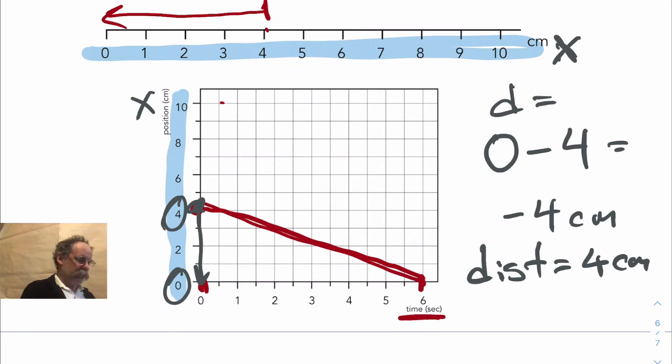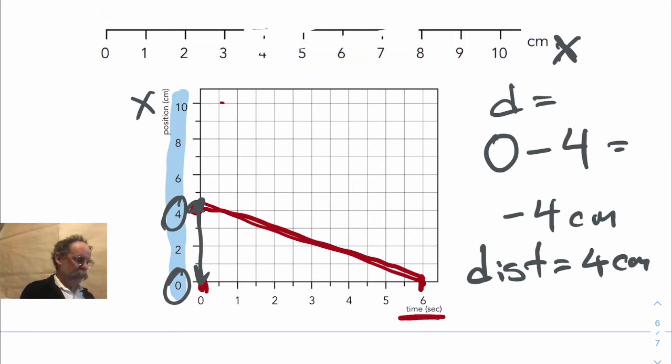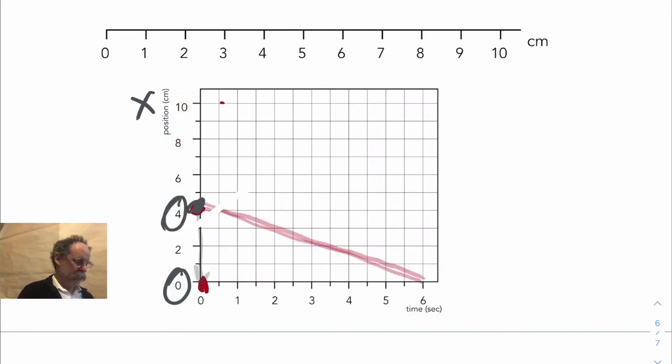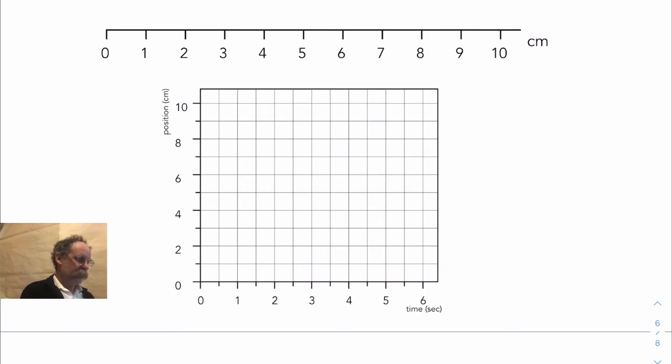Now let's see what happens when she doubles back. Okay. Now she goes from home to the playground, turns around, and goes to the ice cream store.